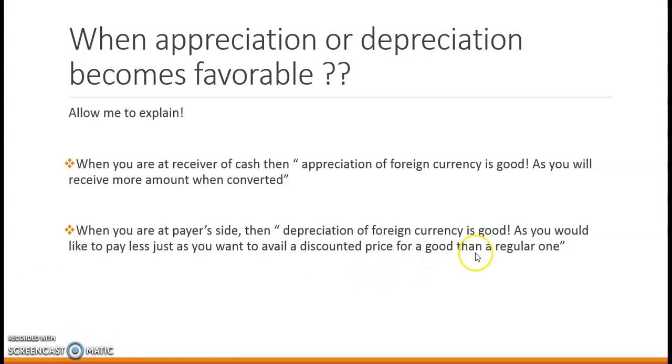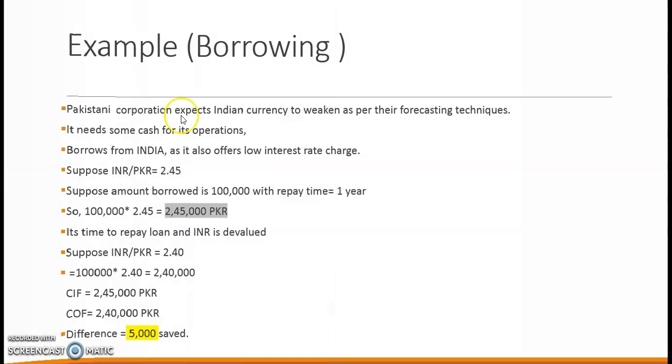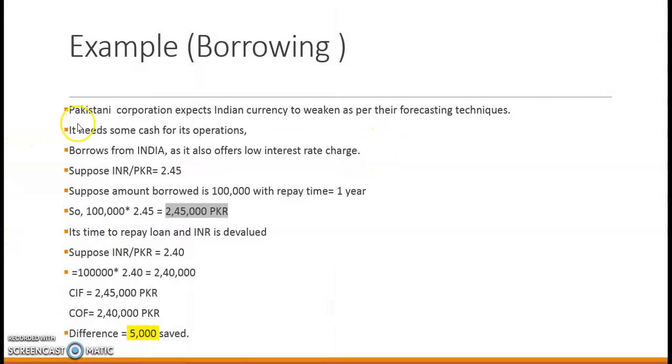Now, having said that, let's see an example that will help you understand it much better. Suppose we are borrowing from a country and we expect its currency to depreciate over our financing period, and it is also giving us a low interest rate.